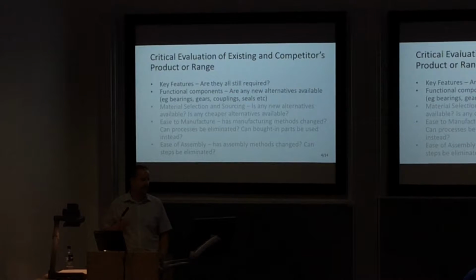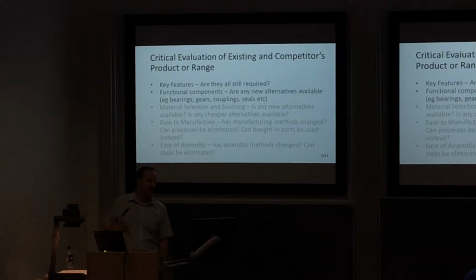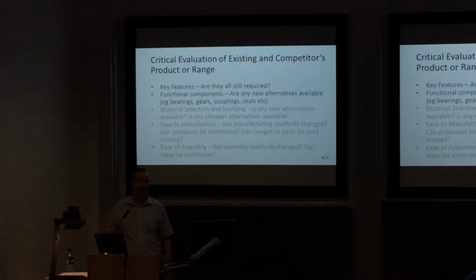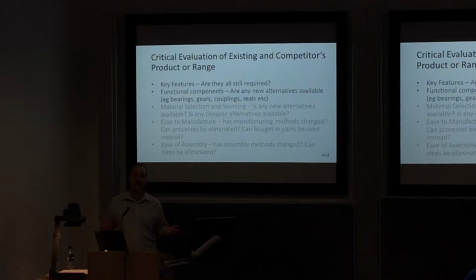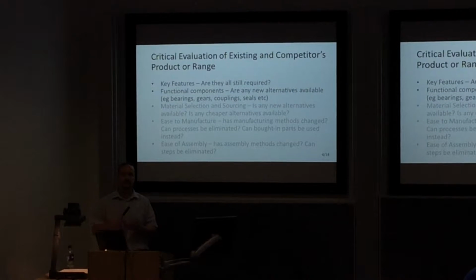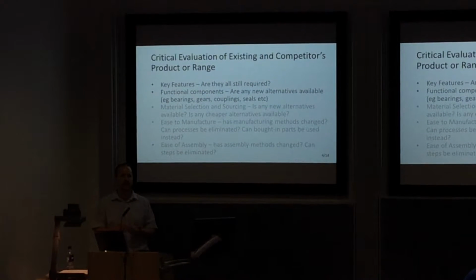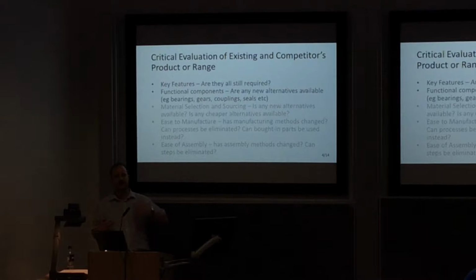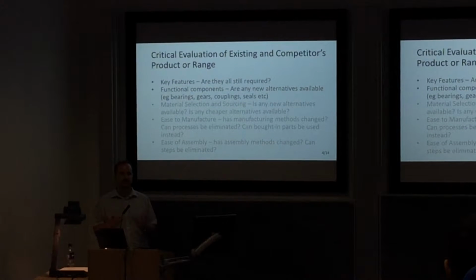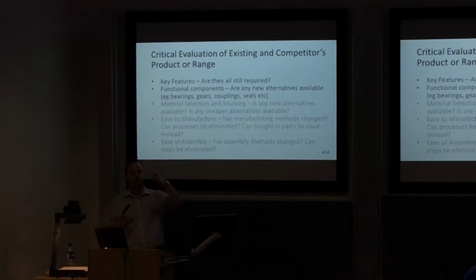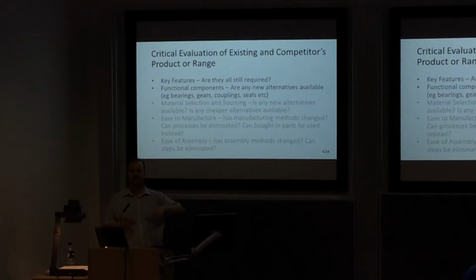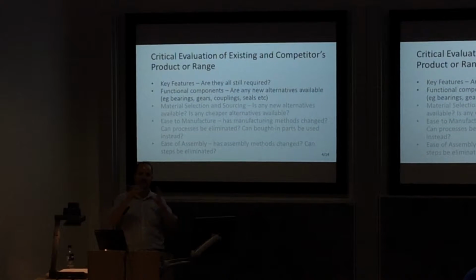We also look at the functional components. Are there any new alternatives available? A good example of this is the pump industry, or any industry with pumps, compressors, rotating machinery, where they used to use packed gland seals. This is like ropes that were wound around the shaft, and the design was such that you had this rope to stop the water from coming out through the seal.